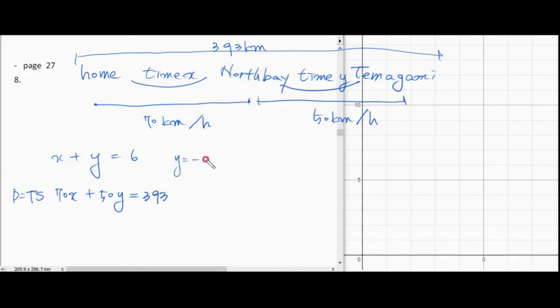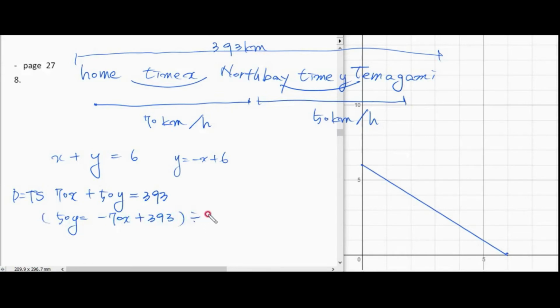So change the form, y equals negative x plus 6. Right here is the y-intercept, and the slope is negative 1. So it will be right here, and connecting these two. And the second graph, 50y equals negative 70x plus 393.